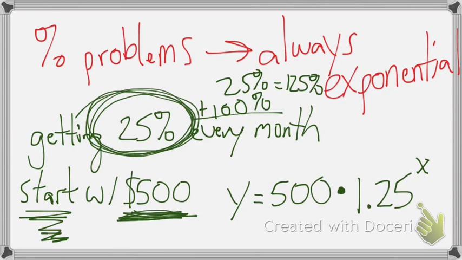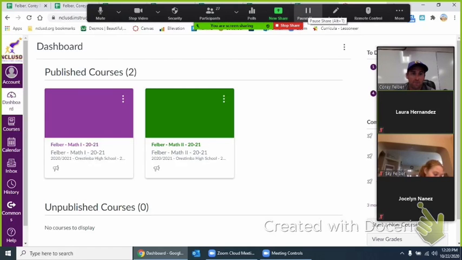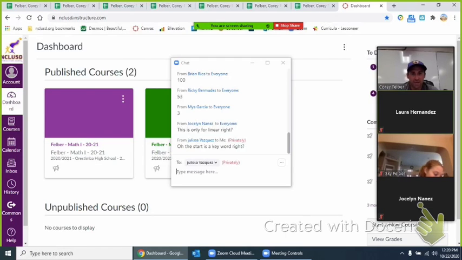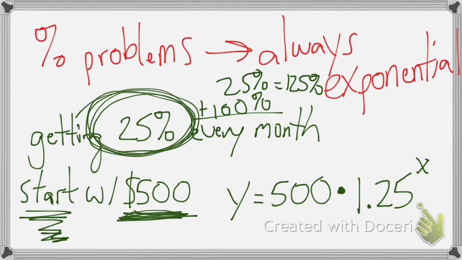So technically, every month, if you're gaining 25%, you're actually going to get 125% of whatever you had last month. Meaning the 100% you already had, like the 500, plus whatever 25% is. So if you're gaining money, you add it to 100. So it makes it like 1.25.